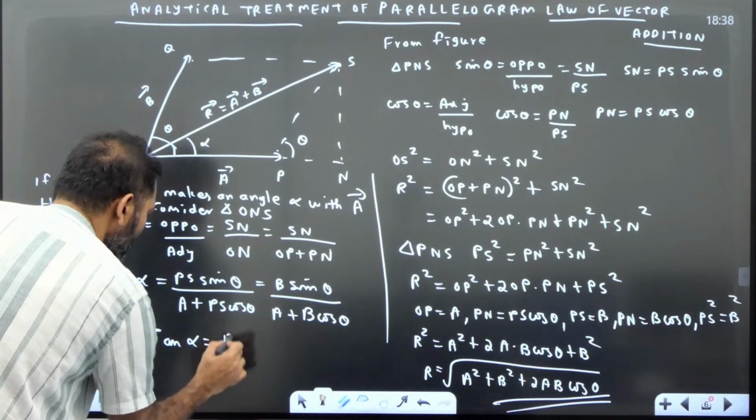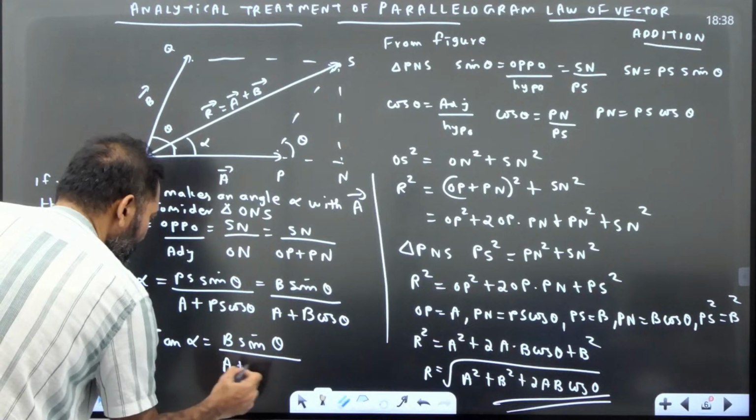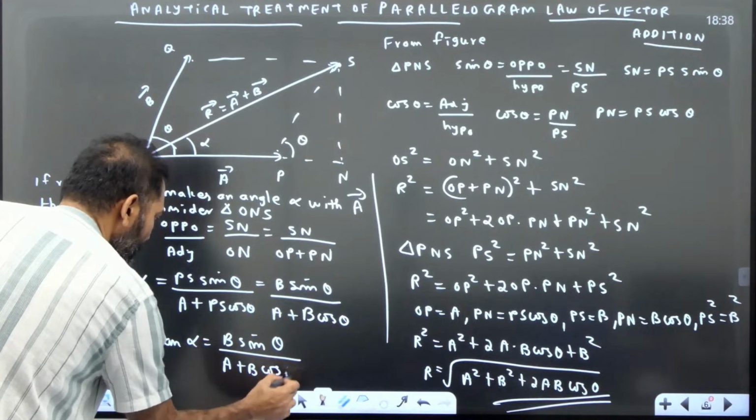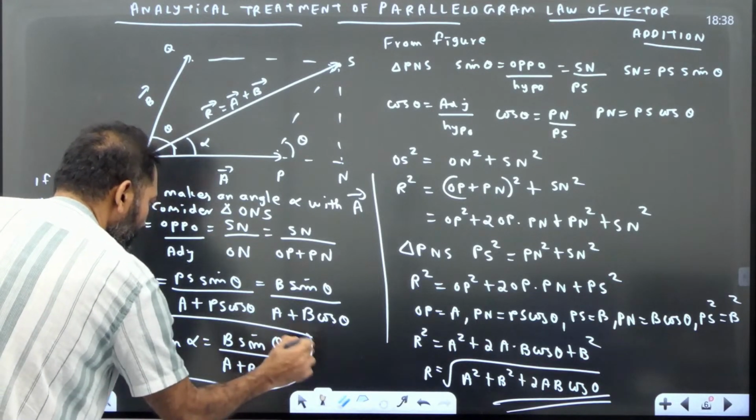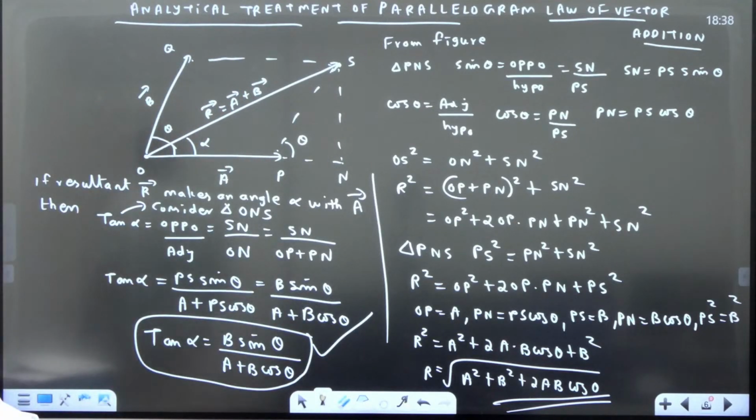B sin theta divided by A plus B cos theta. That is tan alpha. Very important. Doubt now?